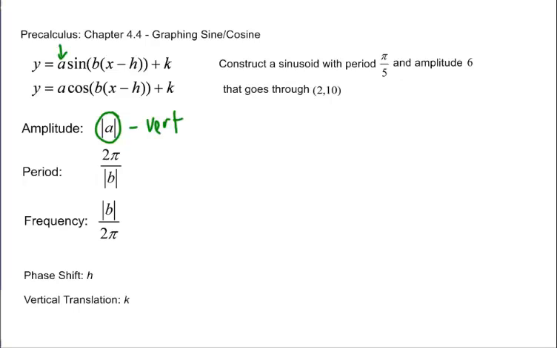What's next? The period, inside. That's a little bit unique, and the frequency is unique to sine and cosine. But what is that period? Right here, this is your horizontal shrink and stretch. Again, if it's larger than 1, it's a shrink, and if it's less than 1, it's a stretch. Frequency is the reciprocal of the period. So frequency is new.